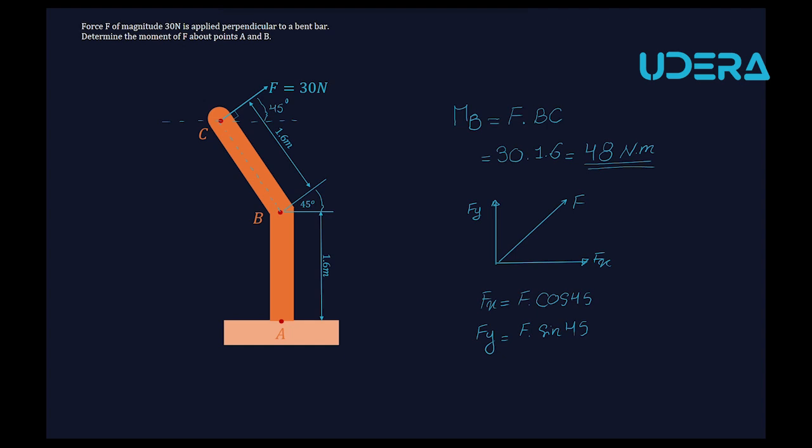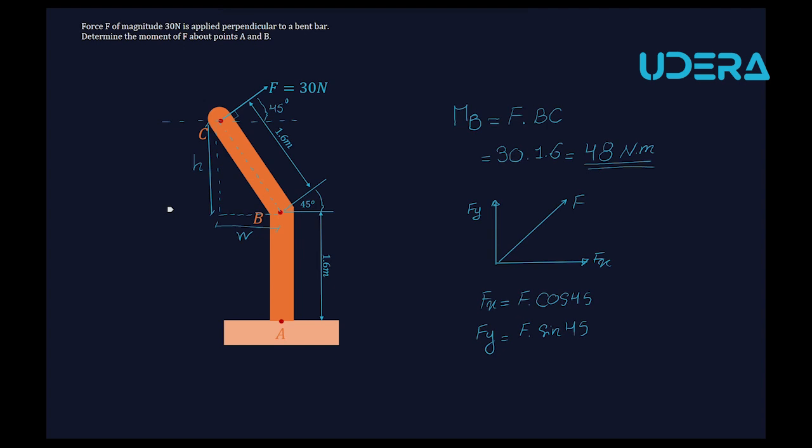Now to find the vertical distance between these two force vector components and point A, I have to find these two distances, which I call one of them H and one of them W. This bent bar is composed of two portions, the bent portion and the vertical portion.